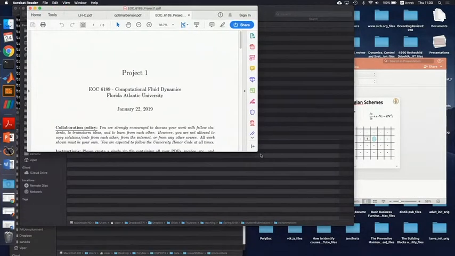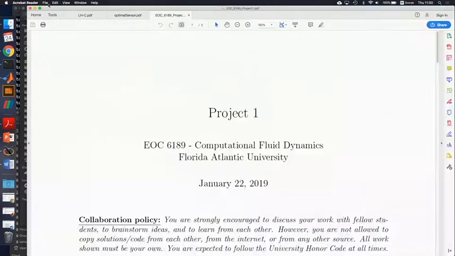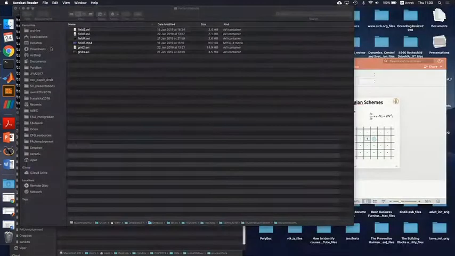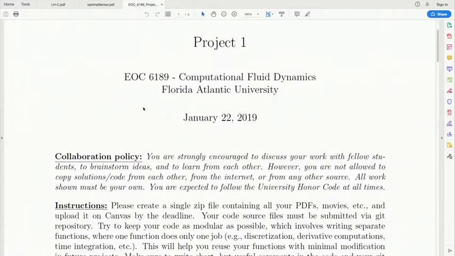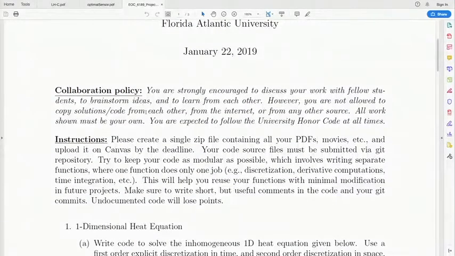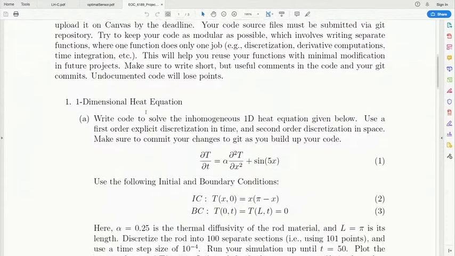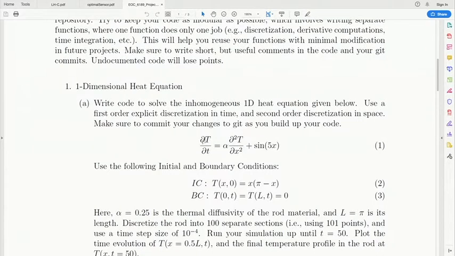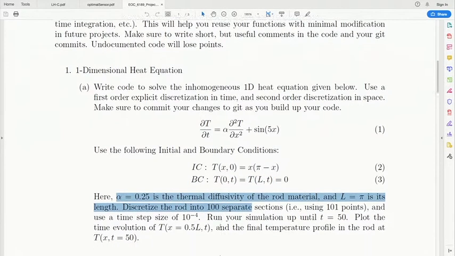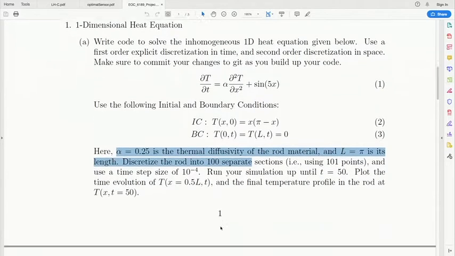Okay, again, the project is online on Canvas, and it's due in almost exactly 2 weeks. Question 1, part C, when you're calculating the error. Question 1 is basically the heat equation with an extra term. You're given initial conditions, boundary conditions, and everything you need to discretize the equation, and you have to solve this in time.